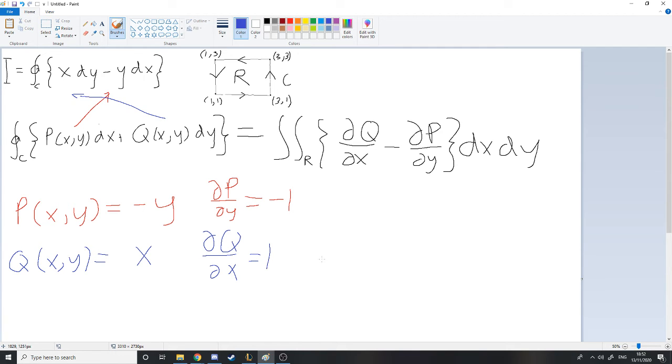Okay, now let's use Green's theorem to relate this to a 2D integral. So let's write that out. Following the theorem, we've got the 2D integral over R of dq by dx, which is just 1, minus dp by dy, which is minus 1, dx dy.